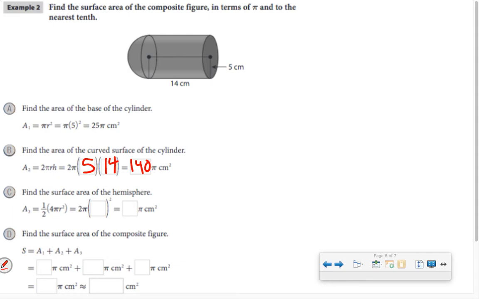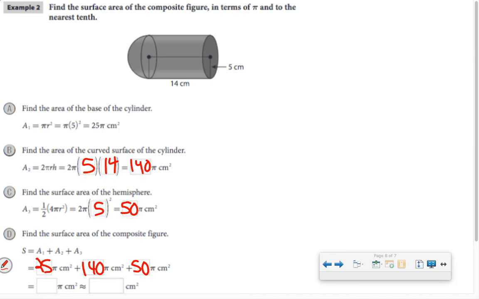So 2 pi times 5 squared is 50 pi. Since everything is in terms of pi, let's keep it in terms of pi until the end. The first area was 25 pi, and I'm adding that to 140 pi plus another 50 pi.